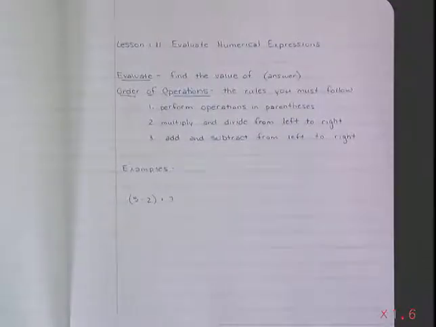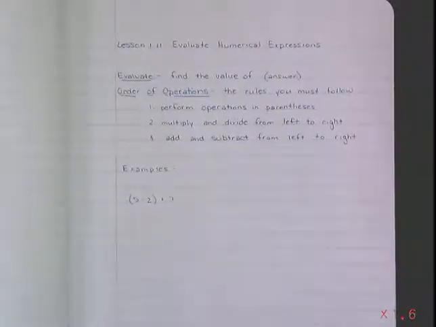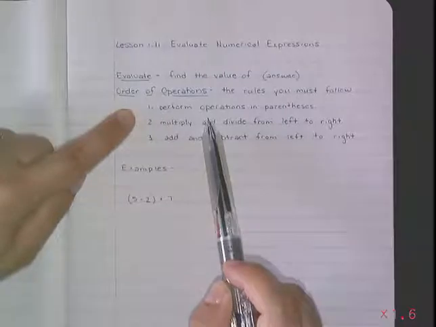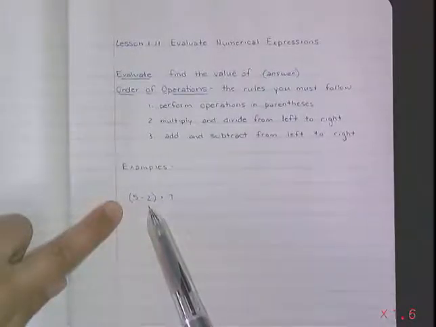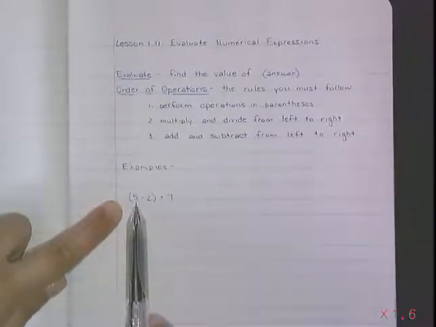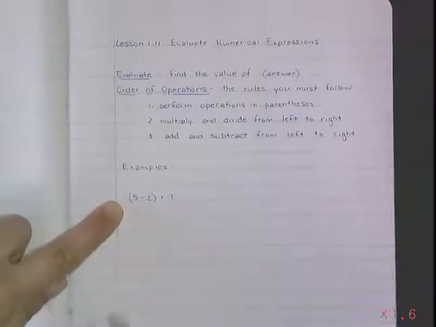We are asked to evaluate, so we need to answer this. We're going to look at our order of operations. The first one says perform what is in the parentheses. This one happens to have parentheses, so we need to solve 5 minus 2 first.